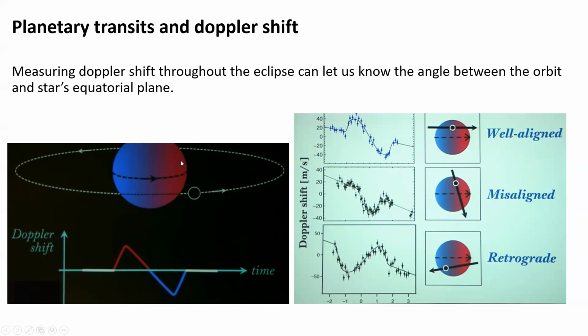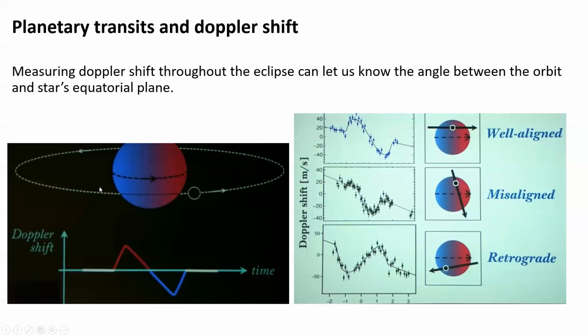So like this side of the sun is moving towards the earth, so it would appear slightly blue, and this opposite side moving away from the earth will appear to be red. So this is the Doppler method for detecting a planet that exerts a pull on its parent star.